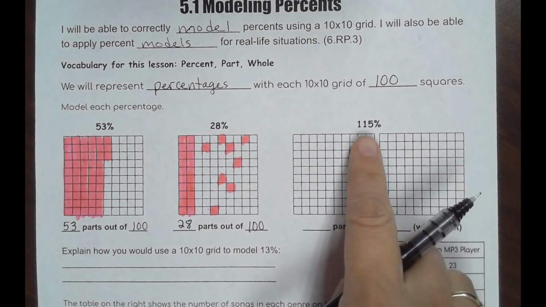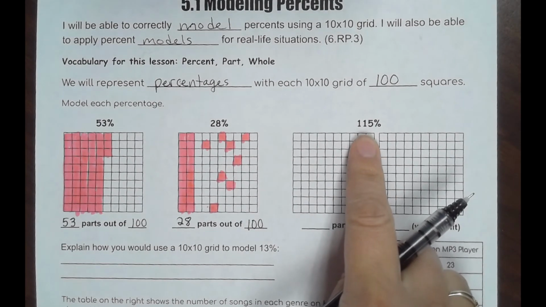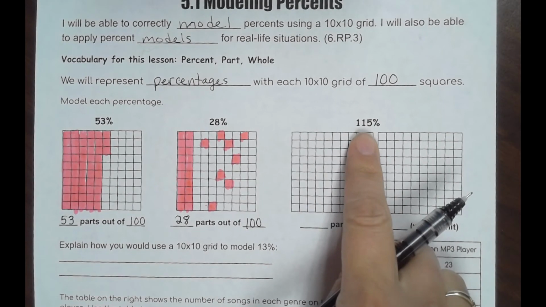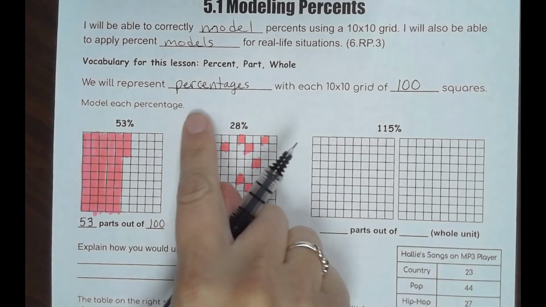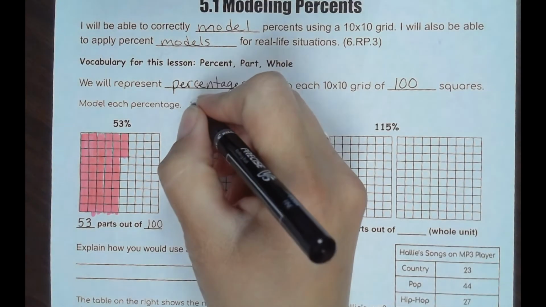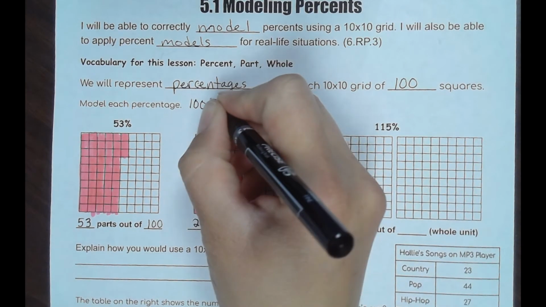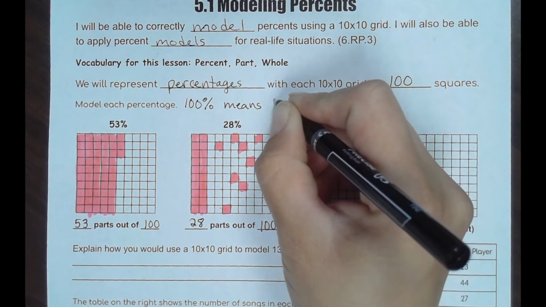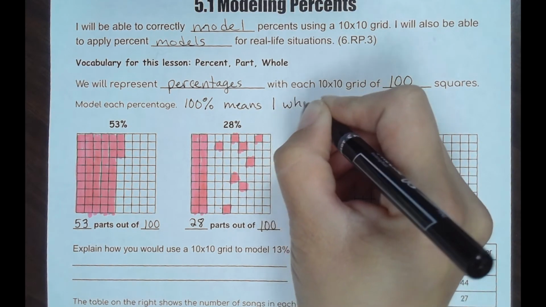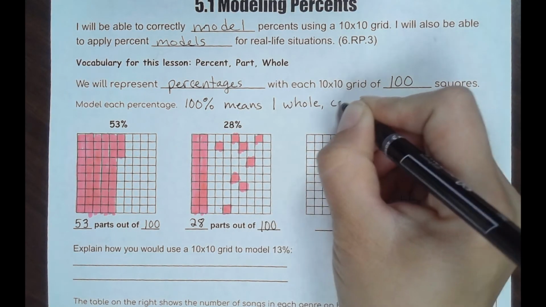How could we model then 115%? Okay, this is greater than 100%. I want you to write a little statement right here. 100% means one whole complete unit.